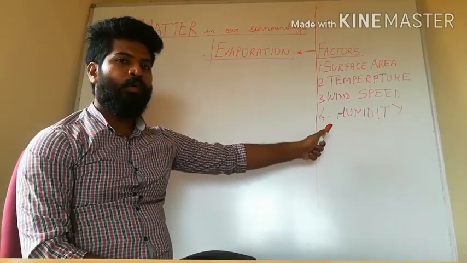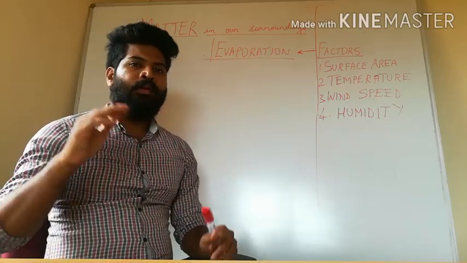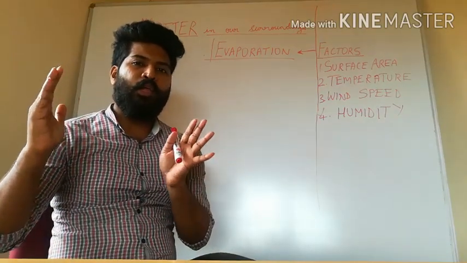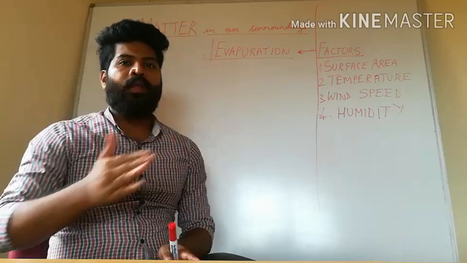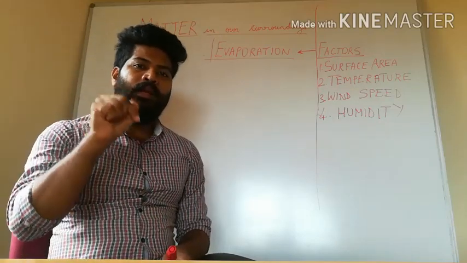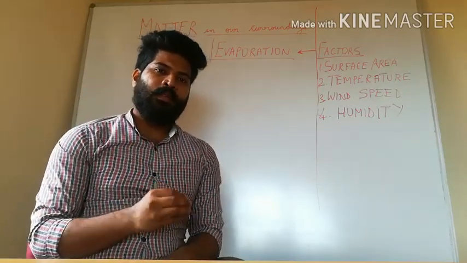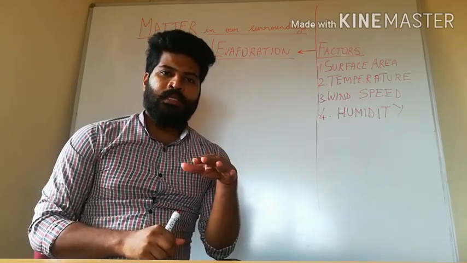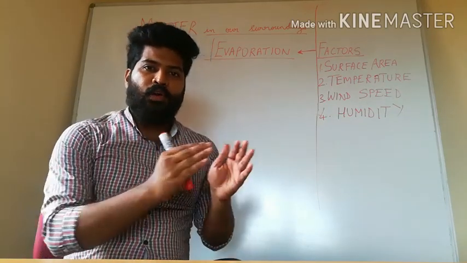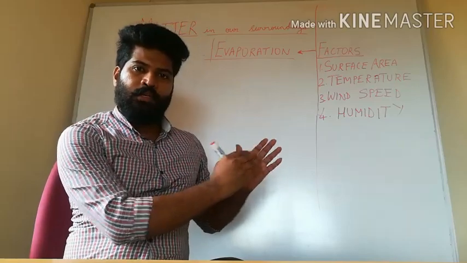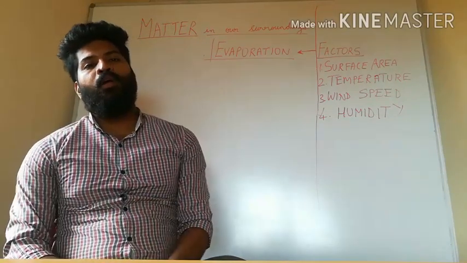So, by now you would have reasoned it out. If the moisture content, the humidity is high in the surrounding, rate of evaporation will decrease. This is because substances will always move from a region of higher concentration to a region of lower concentration.